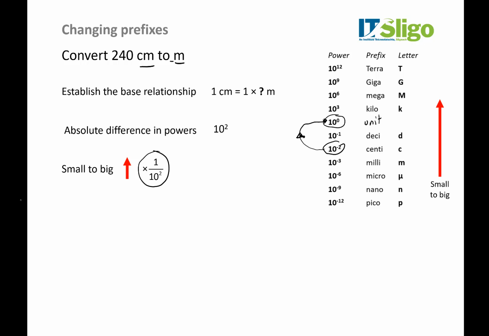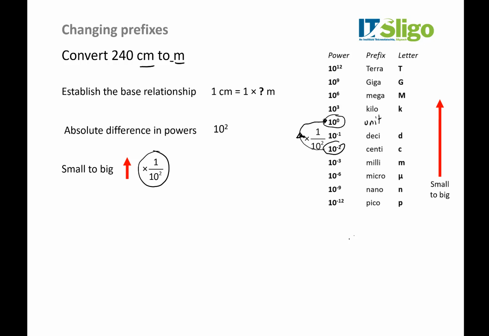In the previous one, if we were going big to small, how I remember that is I always say, well, a big thing is a multiple of small things. So that's a nice handy way to remember whether you use the reciprocal or just a multiple. So we're going up the list, from small to big, centimeters to meters.